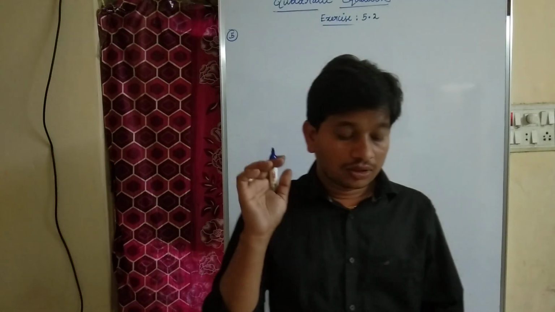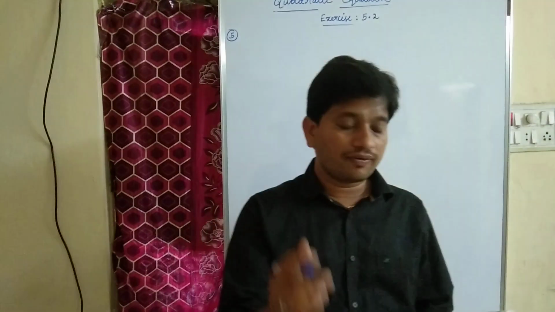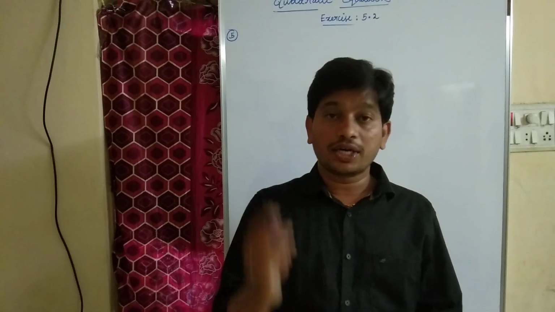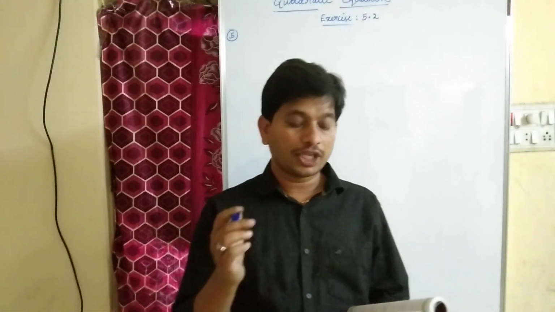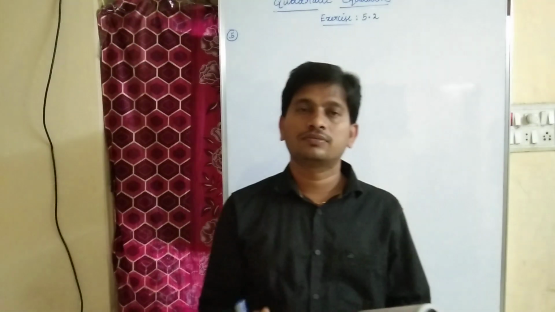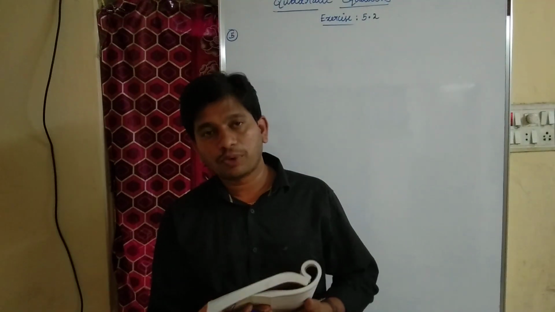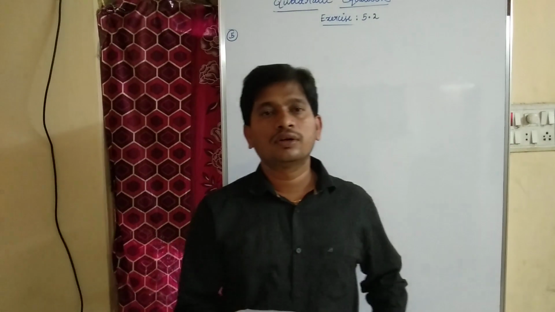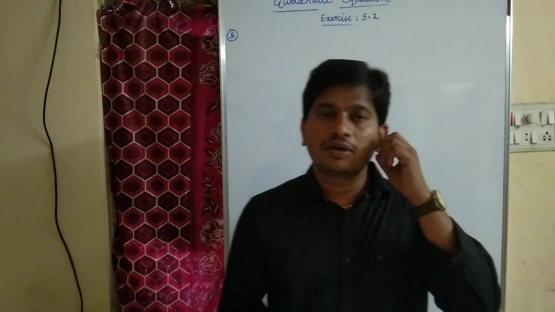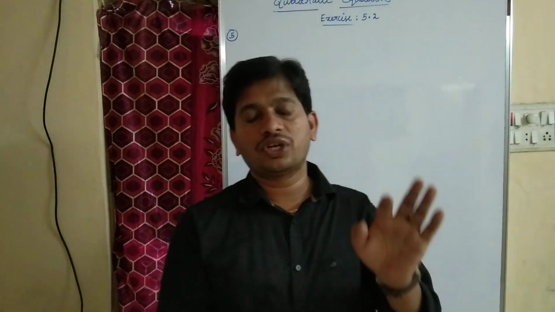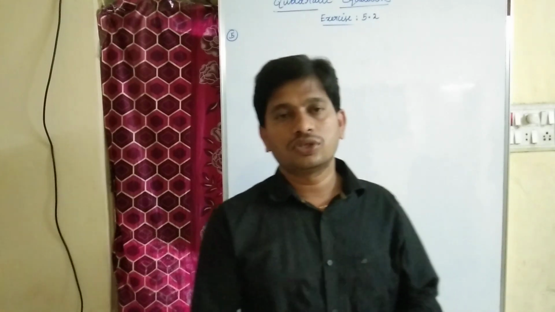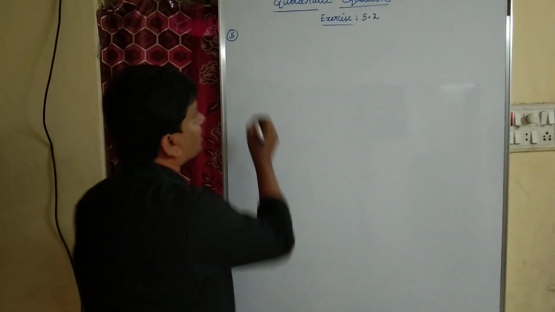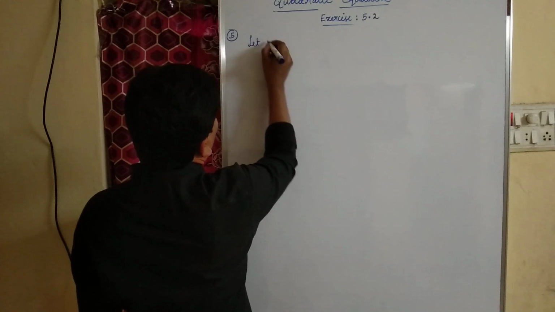If the total cost of production on that day was rupees 90, find the number of articles produced and the cost of each article. If you observe the question properly, the cost of an article was 3 more than twice the number of articles produced on a particular day. So we don't know how many articles that industry produced.